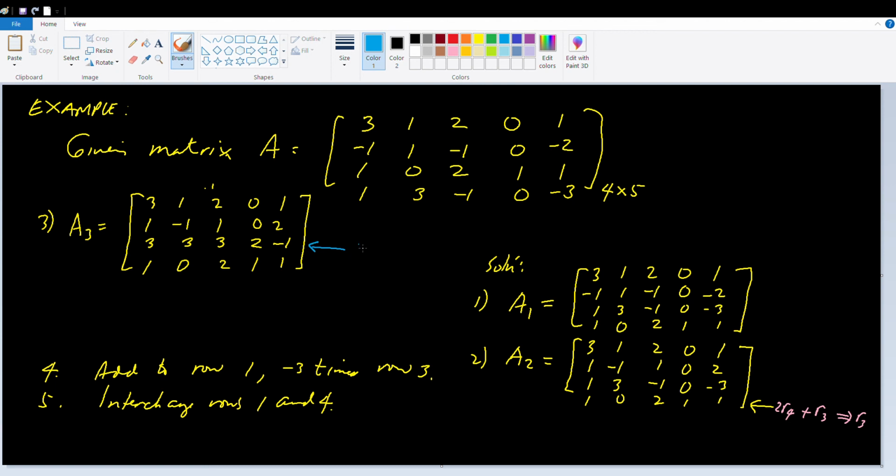Row 3 is multiplied by negative 3, and we are going to add it to row 1. It returns to row 1. So the result is written to that row where the multiple of another row was added. So that gives us A4.